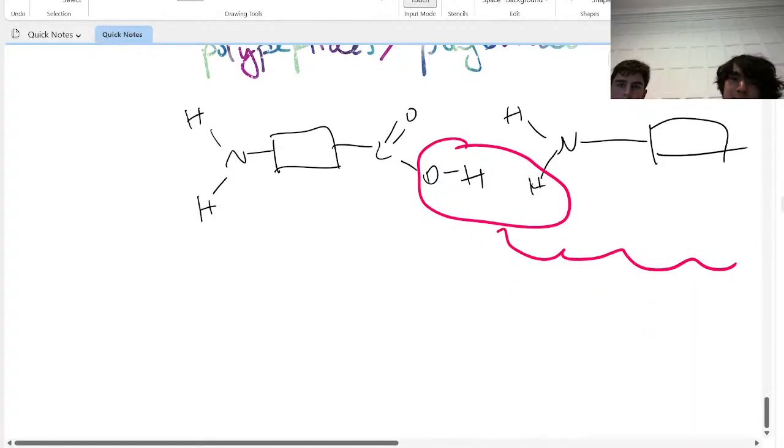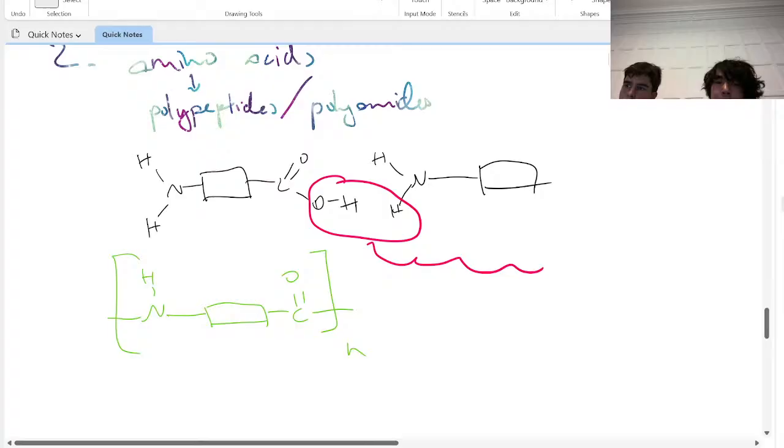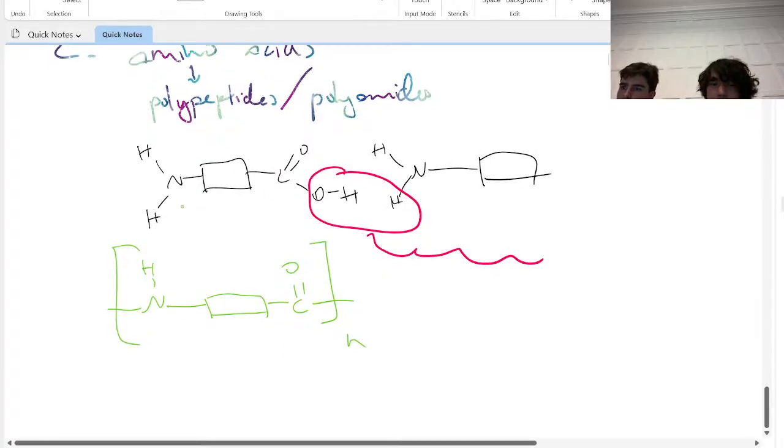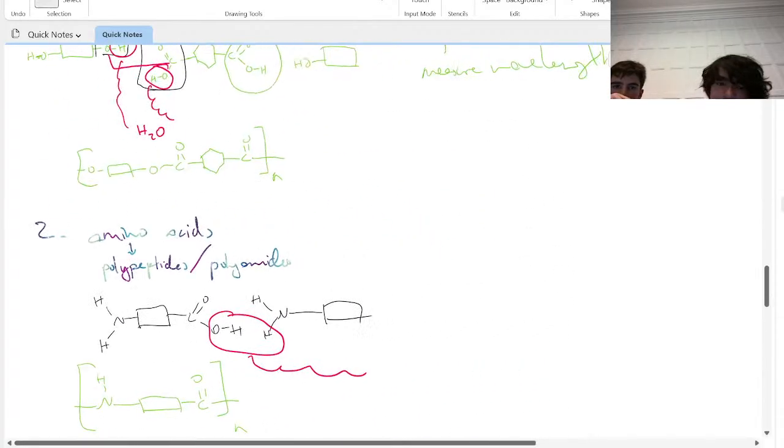The repeating unit has only 1 rectangle because there's only 1 type of monomer, which is the rectangle. Okay.